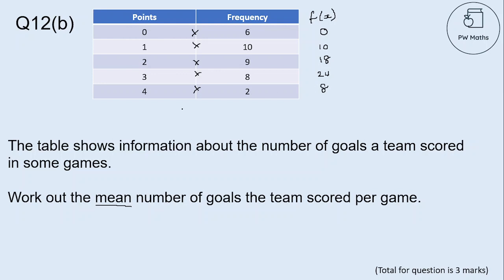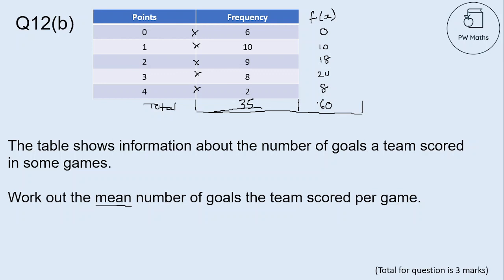Now what I've got to do is, oh, rubbishly drawn there, make sure that I've got some total boxes going on as well. I want the total frequency, so adding all of these up, how many times it happened altogether. That comes to 35. Please again use your calculator, and then adding all of these up together comes to 60.